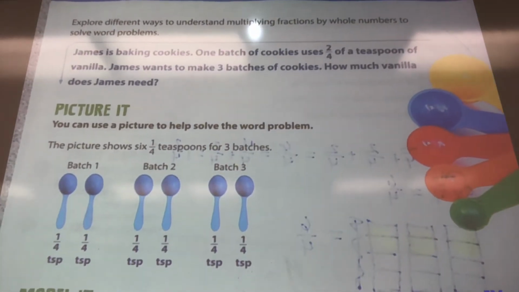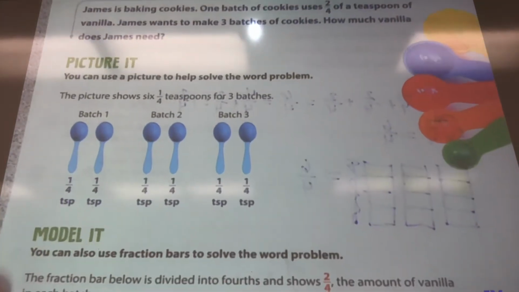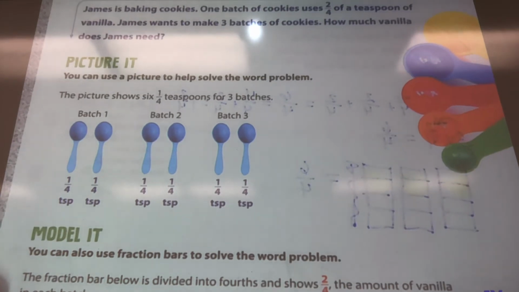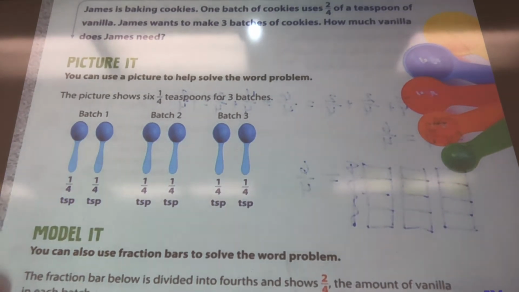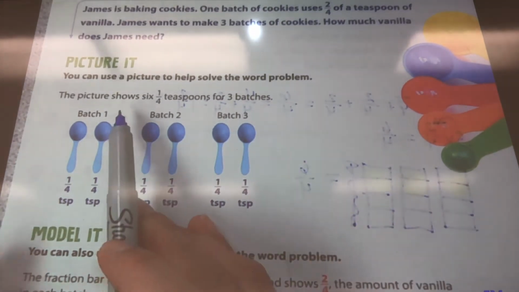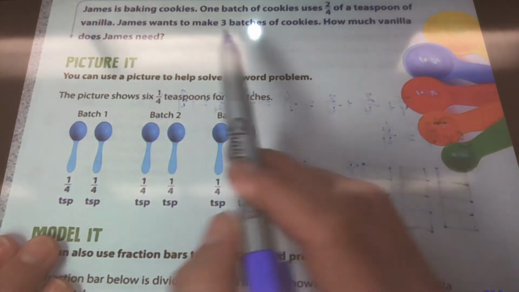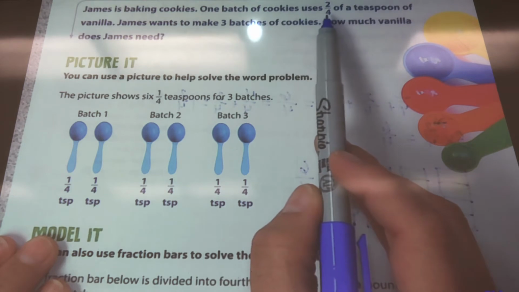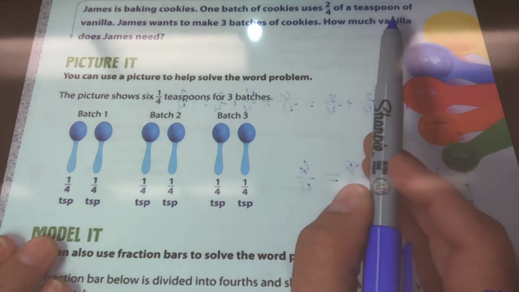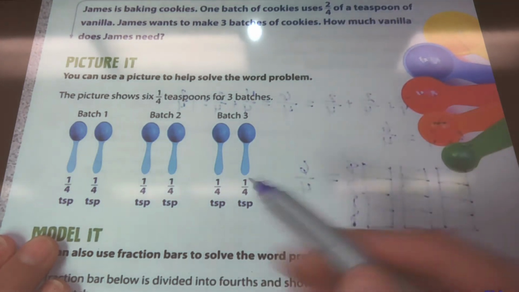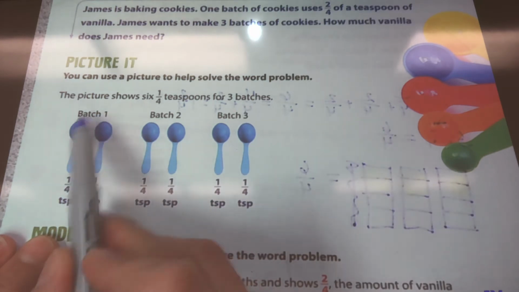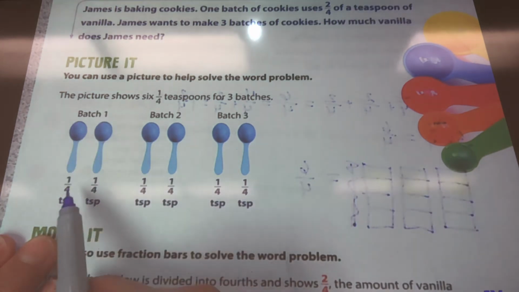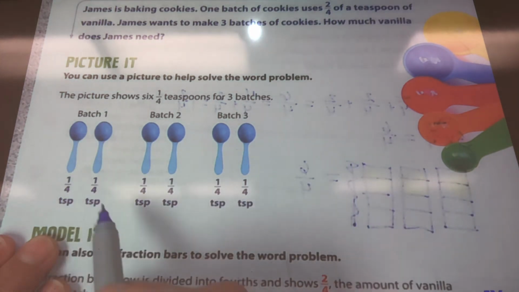Now, what I like about this page is it actually shows you in more pictures how this would look. So we know that James has to use 2/4 of a teaspoon of vanilla for each batch. And so what this first one right here tells you is for the first batch of cookies, we need 1/4 and 1/4, which is 2/4.